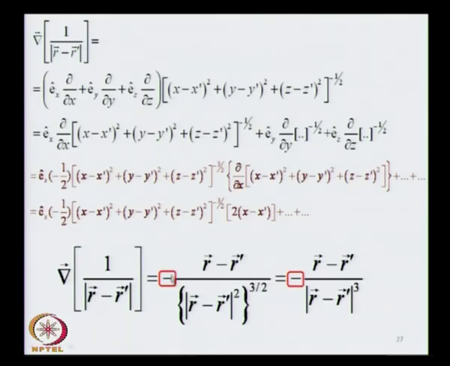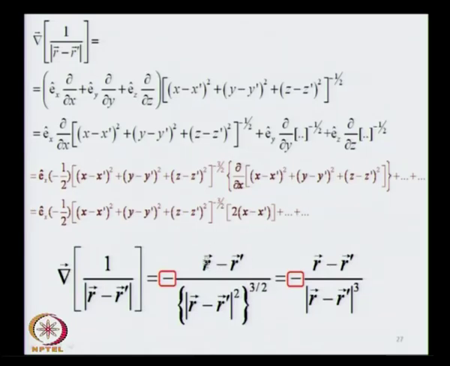So, here is a minus sign, this is coming from here. Here is r minus r prime, because this x minus x prime times this unit vector Ex will give you the x component of r minus r prime, and there are similar contributions from the y and the z terms.